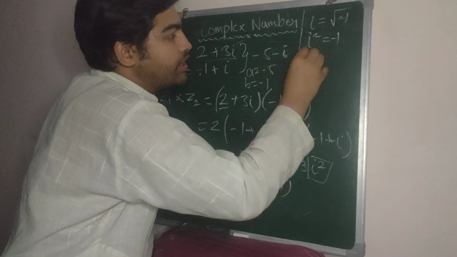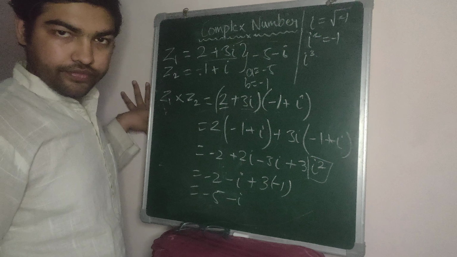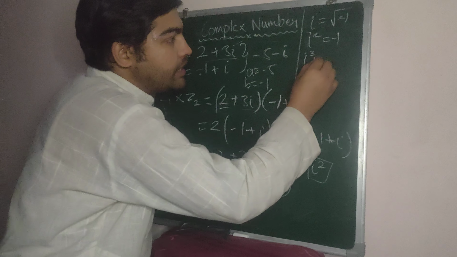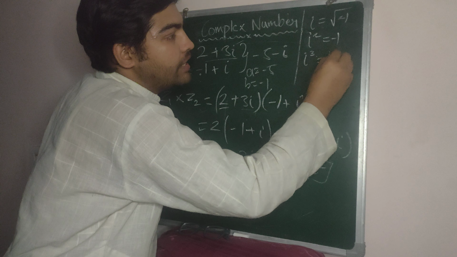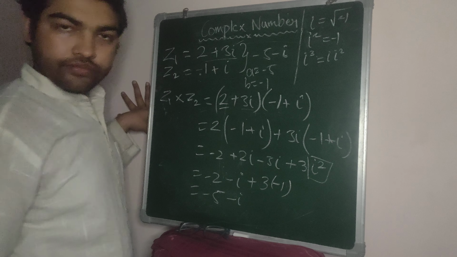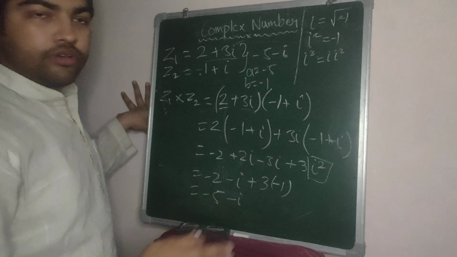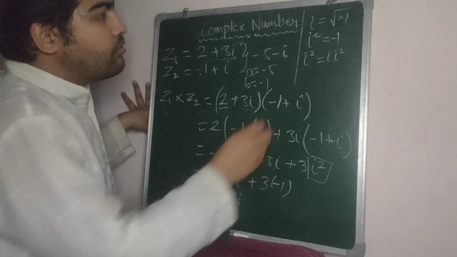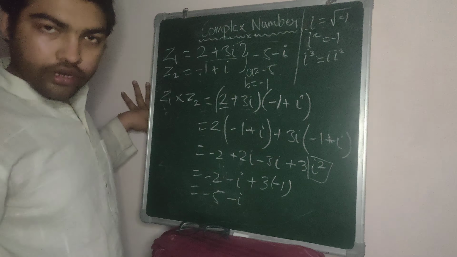Okay, so what is i cube? i cube should be written as i into i square, and we already know the value of i and i square as well. The value of i square is minus 1, and i should be written as it is.